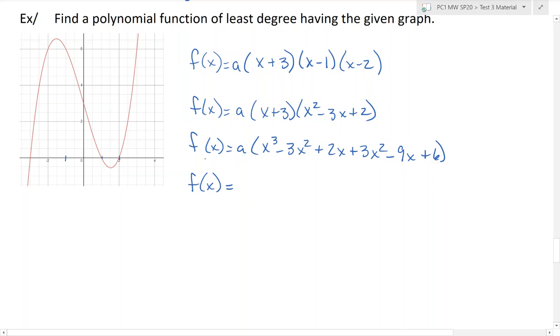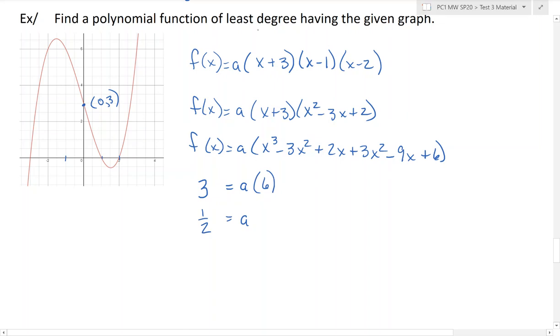Now, what I do know now is I also have this point (0, 3). That means that when all of my x's are 0, then my f of x is 3. So I can replace this f of x with a 3. I've got my a. And if this is 0, those go away, I get just a 6. Okay? So a is 1/2.